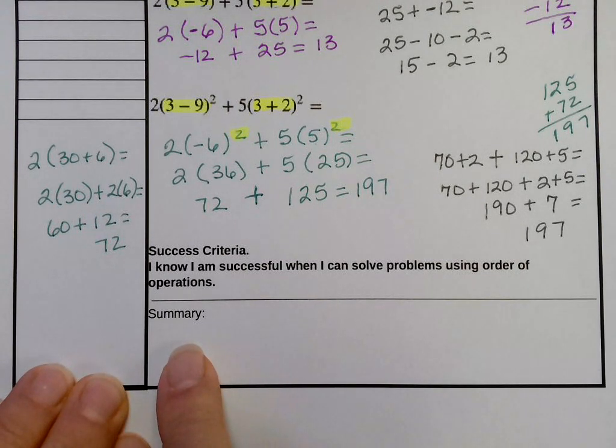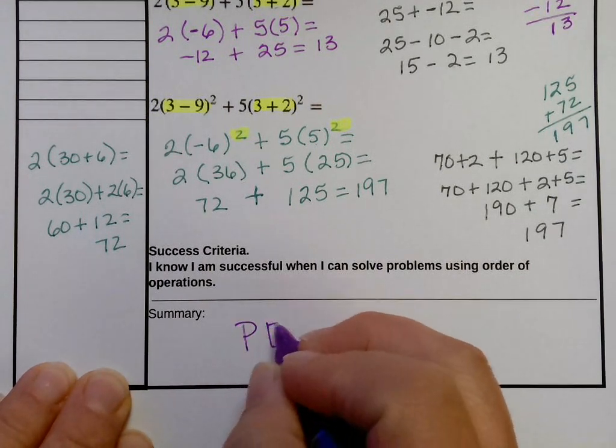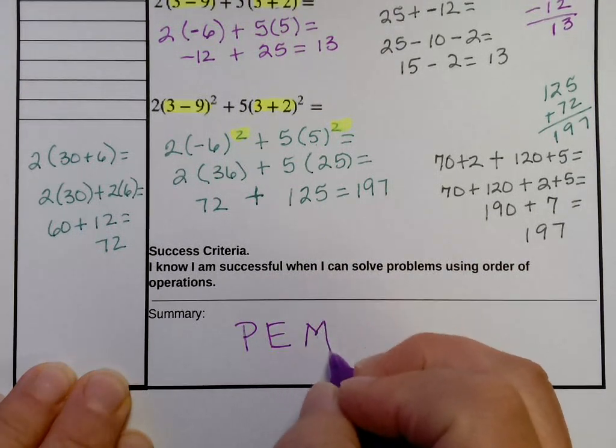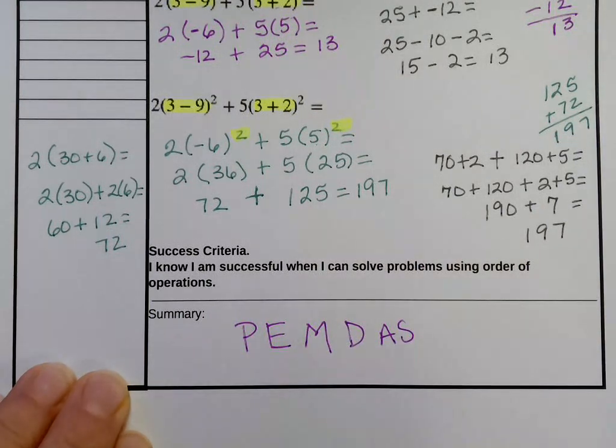In Cornell notes, your summary is very important. So I'm looking at this, thinking order of operations. How can I condense that down into 1 or 2 sentences? Well, I would probably write down PEMDAS. Okay, but what did I learn today that might stick in my brain?